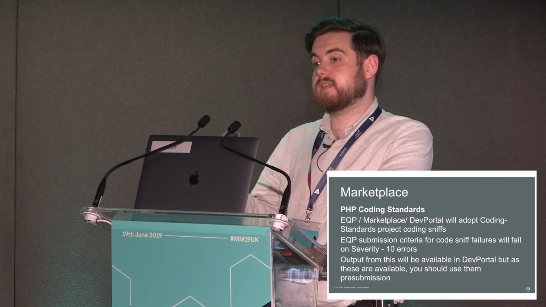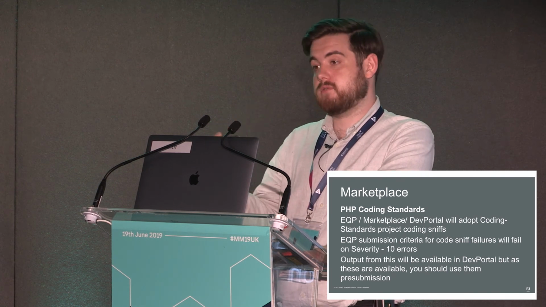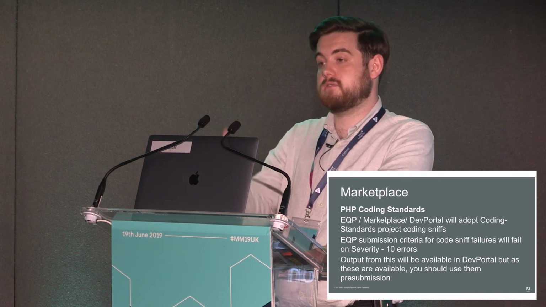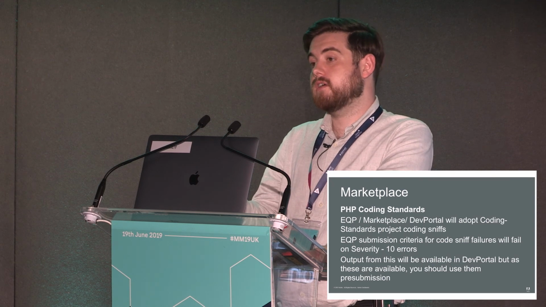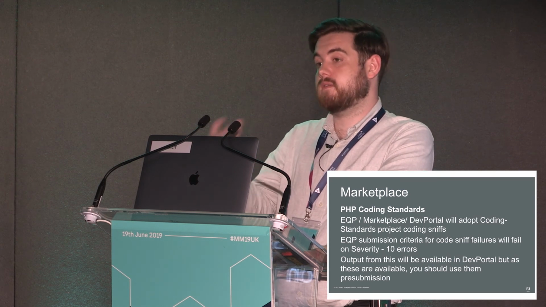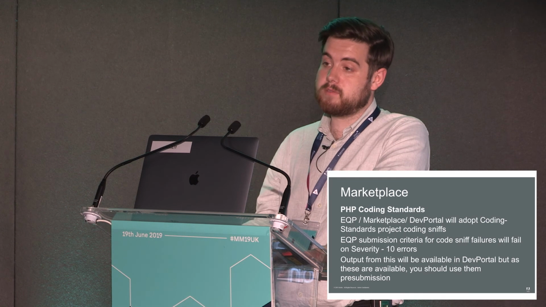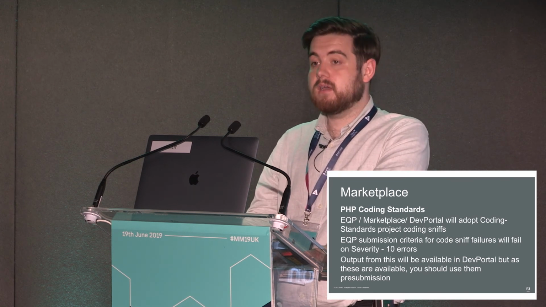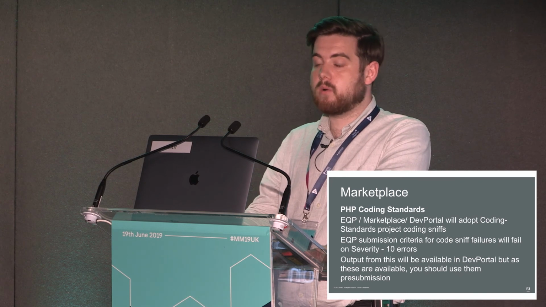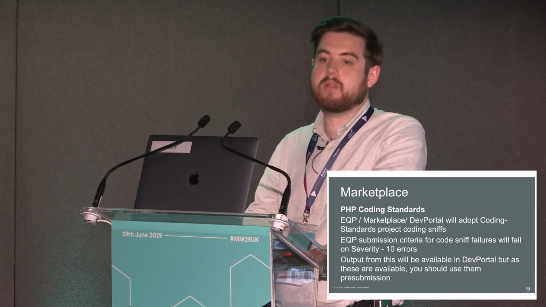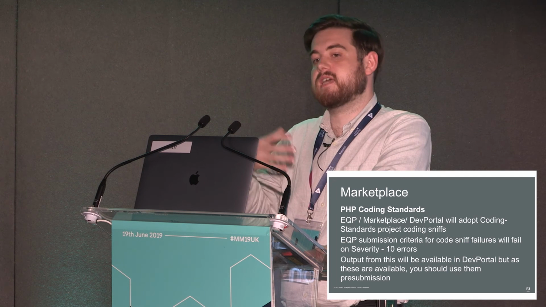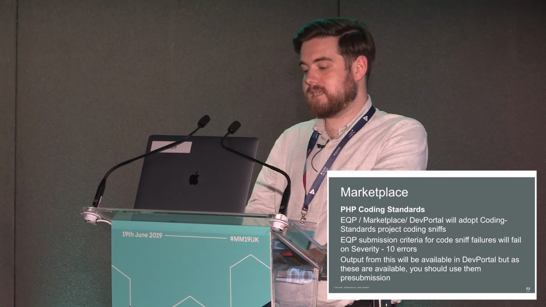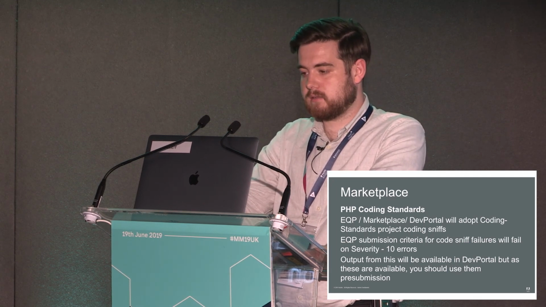And we're going to push that same output of those testing back into Dev Portal during your submission so that you can see exactly what we've tested, what failed, what should be improved upon. And while we fail on a 10 severity, there will be information and quality rankings within Marketplace around how much of it did you pass? How much testing did you do? And we'll get into exactly what that looks like as we close out the presentation.